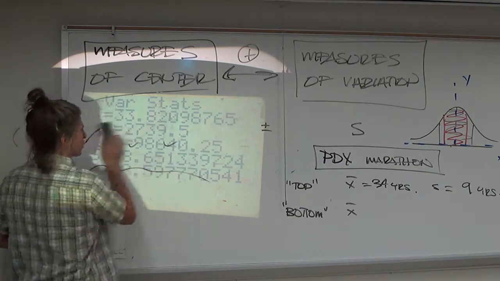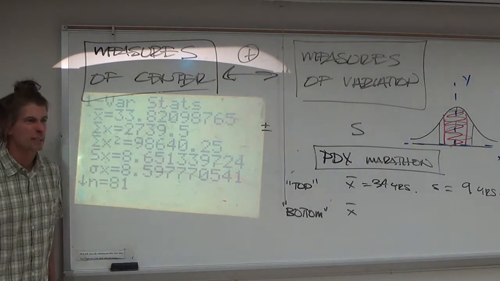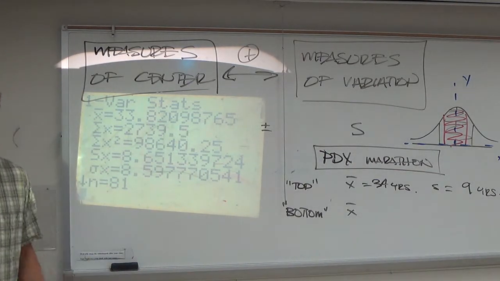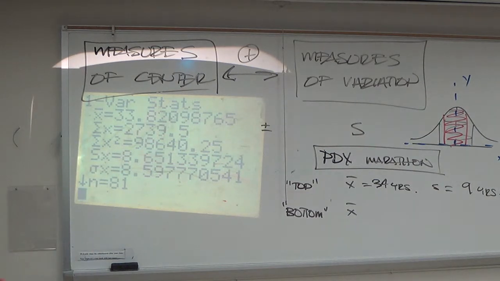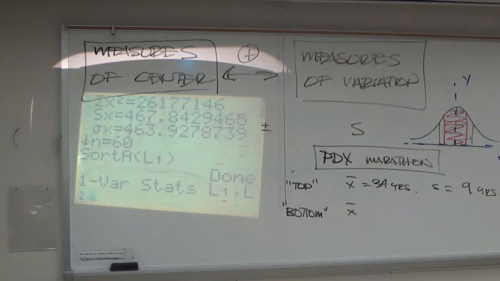Let's check the bottom finishers. Now watch this trick. You may have forgotten this trick from back in the day. Second Enter. If you type second enter, it grabs the last thing you entered, but then you can go back in and edit it. So all you've got to do is back up one and replace the L2 with an L3.